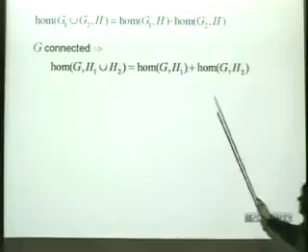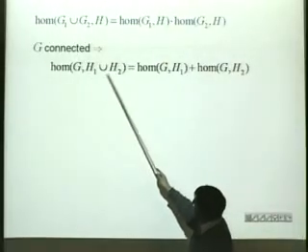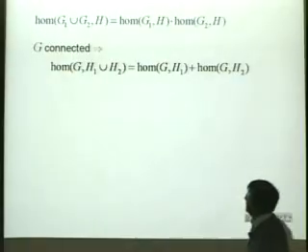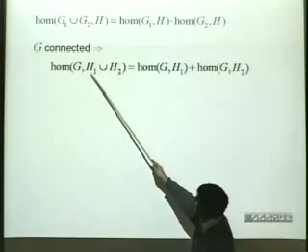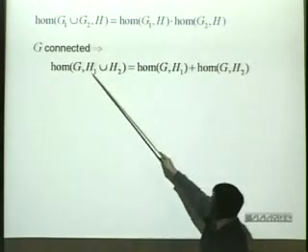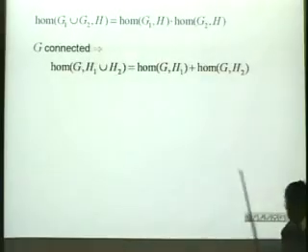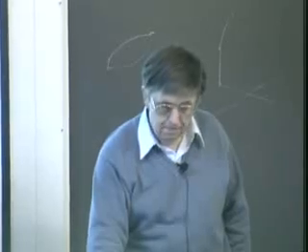If G is connected, then what happens if H is the union of two connected pieces? Well, every homomorphism either goes into H1 or H2, so the number of homomorphisms just adds up.